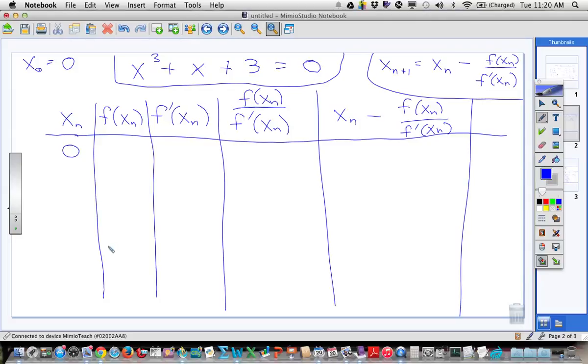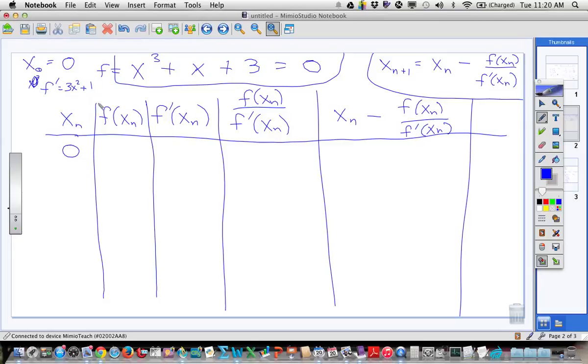Now get your calculators handy here. Matter of fact, if I were you right now, let's type in x cubed plus x plus 3, because that's our f. We're going to call that our f function. And then f prime would be 3x squared plus 1.